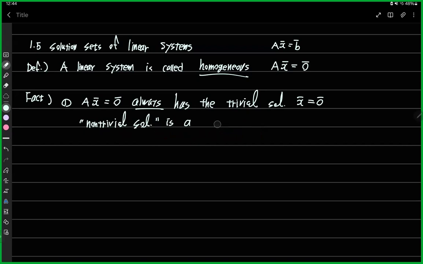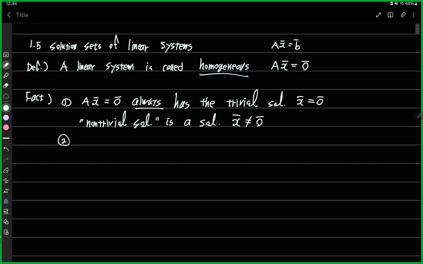Let me make it crystal clear: the trivial solution is x equal to 0, and non-trivial is not equal to 0. A sum of entries could be 0, but that doesn't mean every single entry in x is equal to 0. No, that does not mean that.